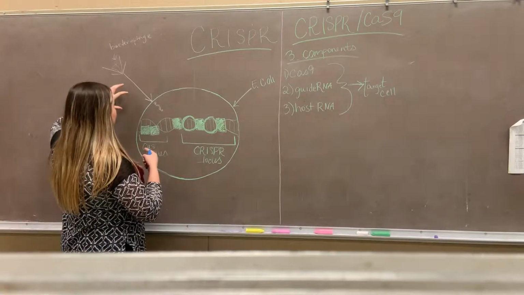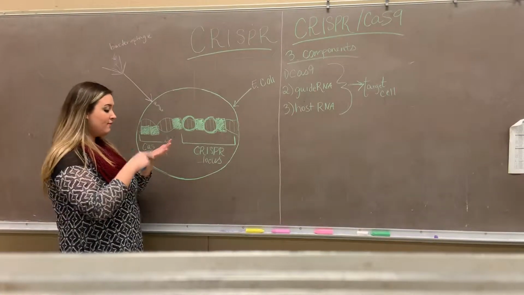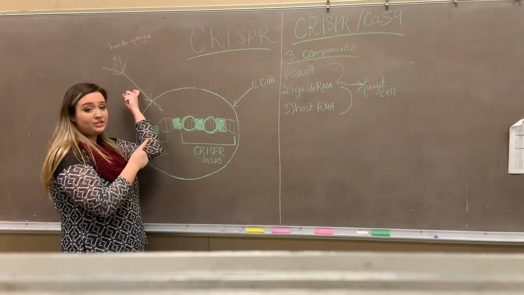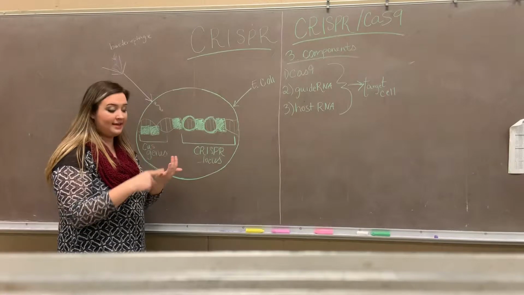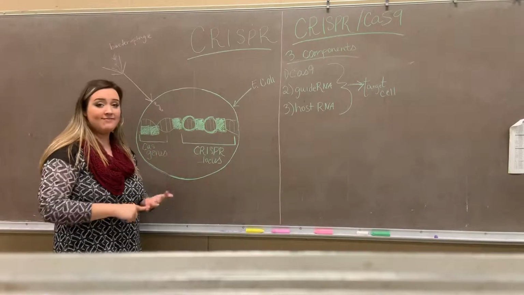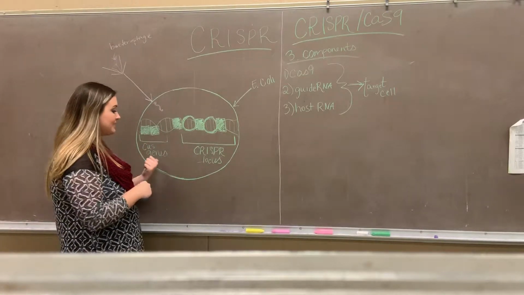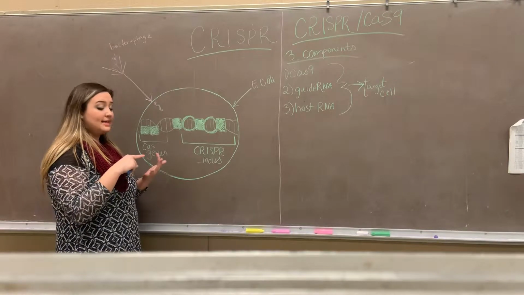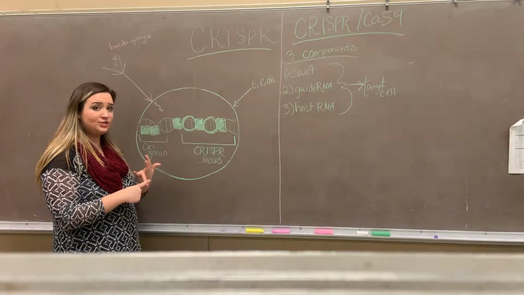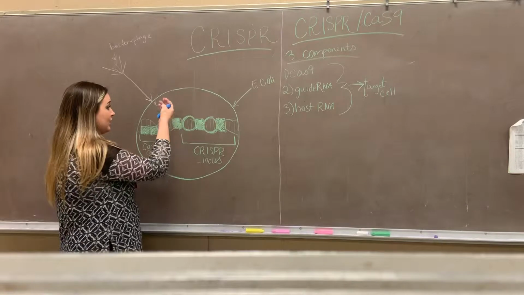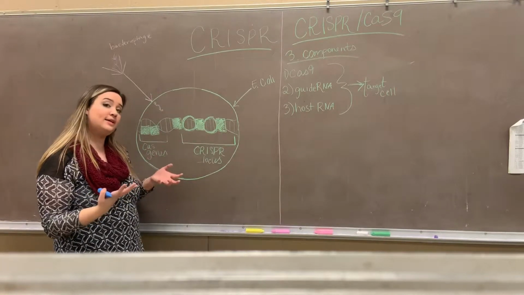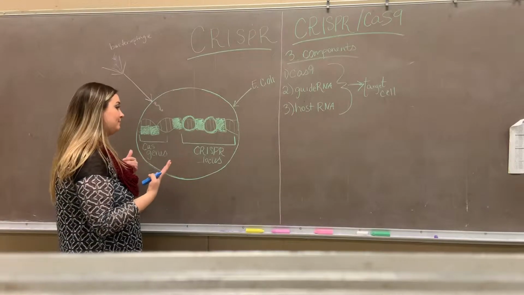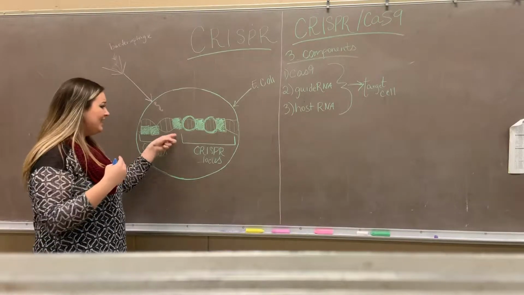The first time this pathogen is introduced, it's basically like a warning. The second time, it's going to have that information with the Cas genes and the strand of DNA. It's going to go and attack it, cut it, and kill this viral DNA from infecting the genome.